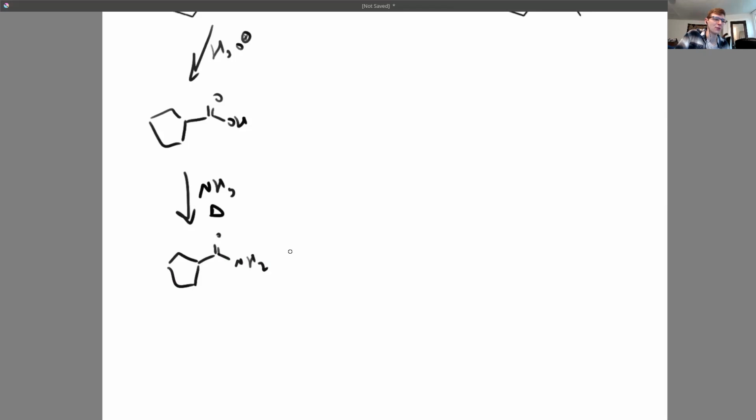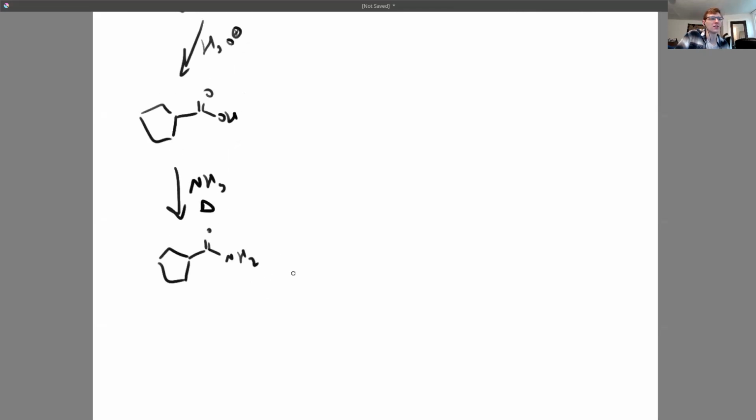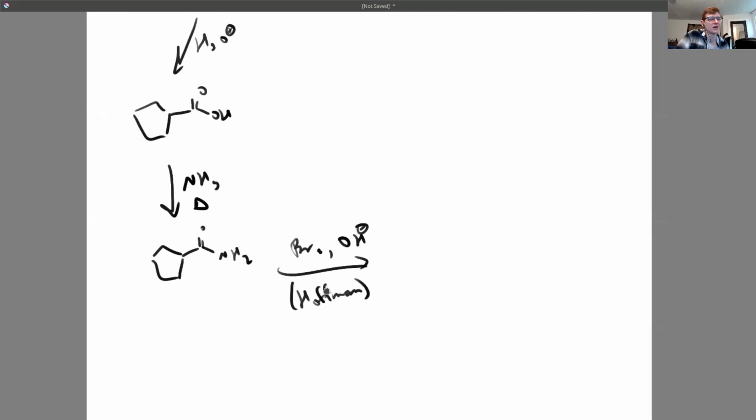The reason that this gets weird is because it then says to give it bromine and hydroxide, which does a Hofmann elimination. But this is an amide, so I haven't seen a Hofmann elimination with an amide before. That's already weird.